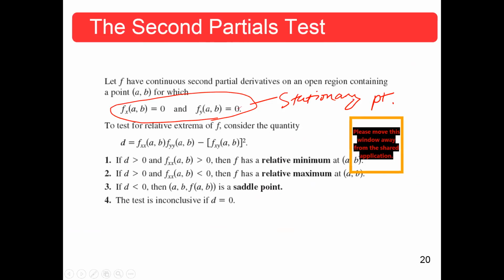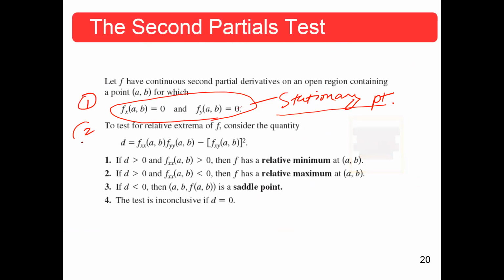First of all, the second partials test starts with the stationary point, so it only works for stationary points. Secondly, when you are trying to perform the second partials test, you have to construct a D. D is made up of all the second partials, fxx and fyy, and subtract the mixed second partial, fxy squared.